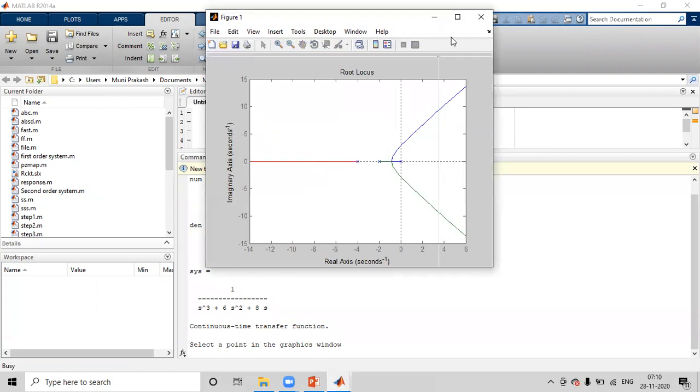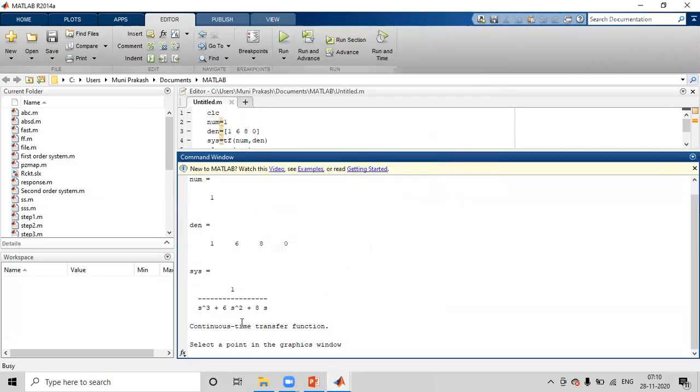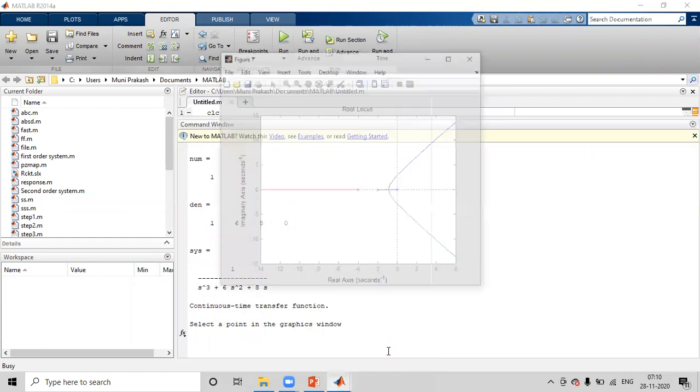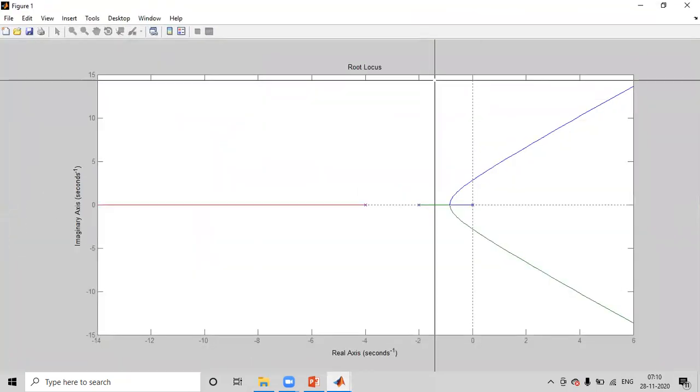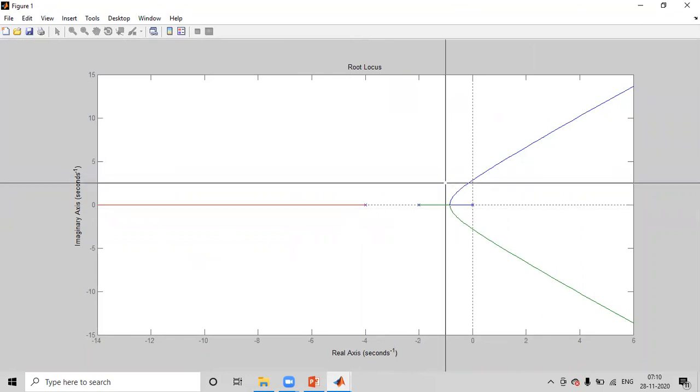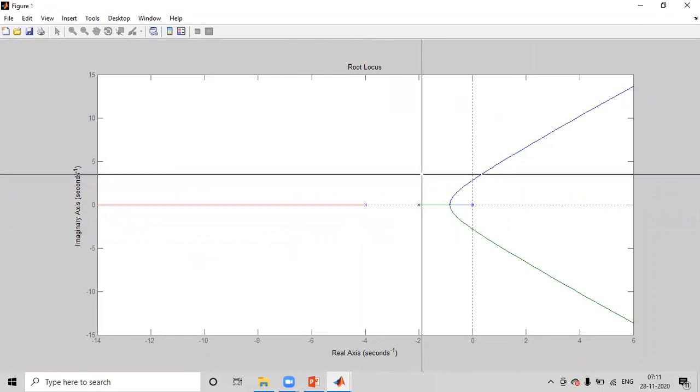This is the graph. One more thing we observe in the command window, after the transfer function: select a point in the graphics window. Here it is asking for a cursor point to place in the graphics window. Selecting a point means we need to select where the gain k is while crossing the imaginary axis.